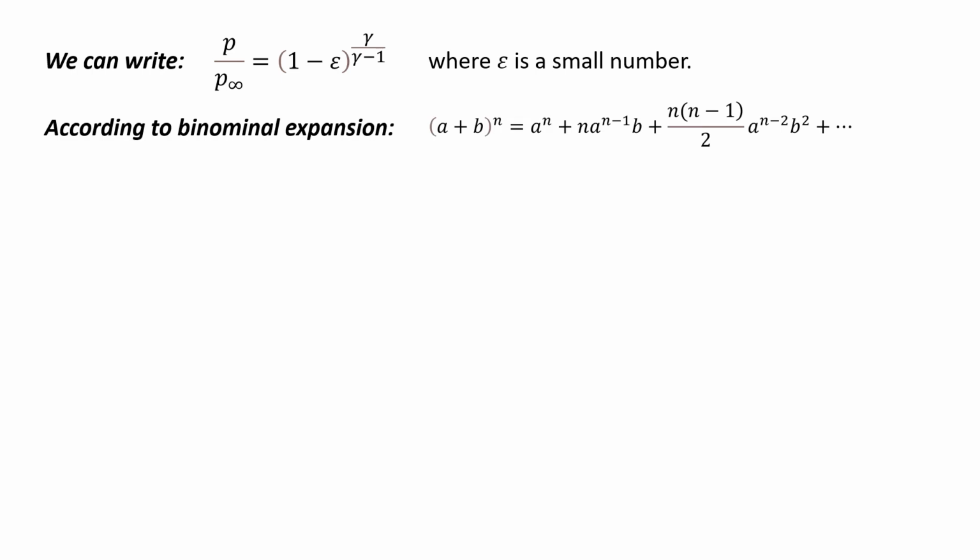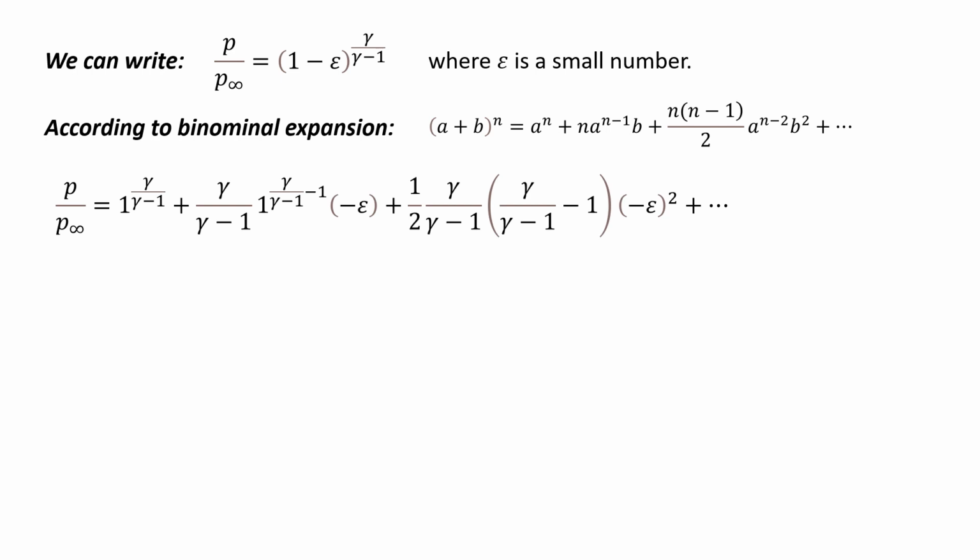Okay, so now we are applying the binomial expansion. If it's a plus b to the power of n, then on the right hand side this relation can be expanded this way. And similarly, we can apply the binomial expansion to the pressure ratio. So it is done this way.